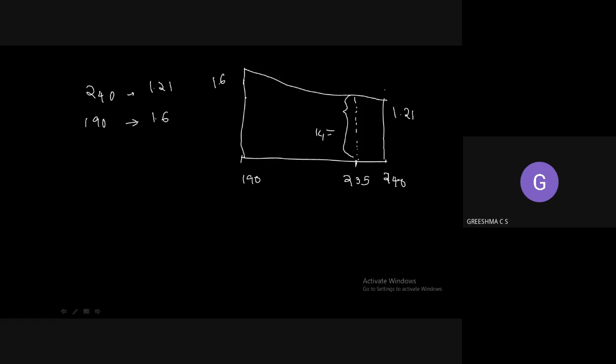First of all, you have to divide this into one rectangle and one triangle. By using the properties of similar triangles, we need to find the interpolation value.